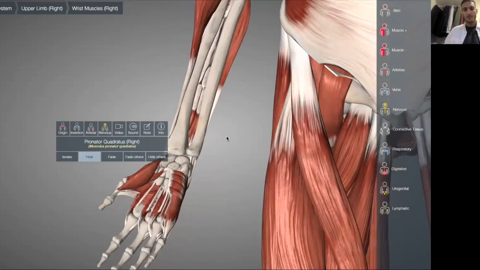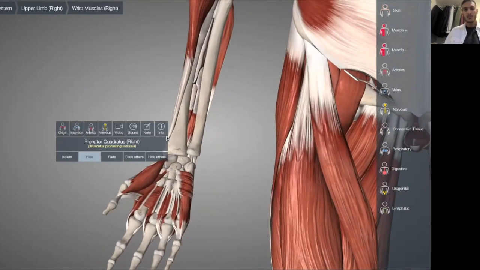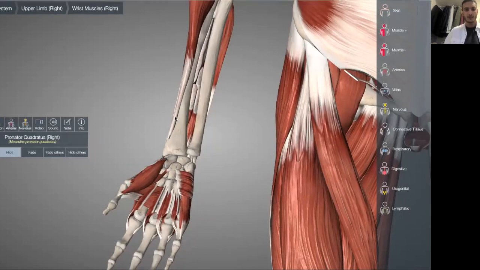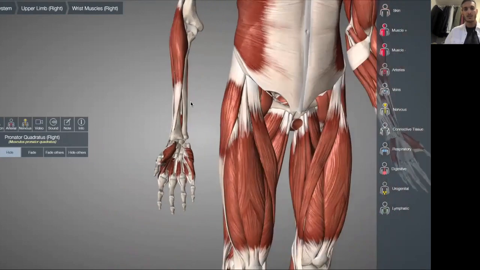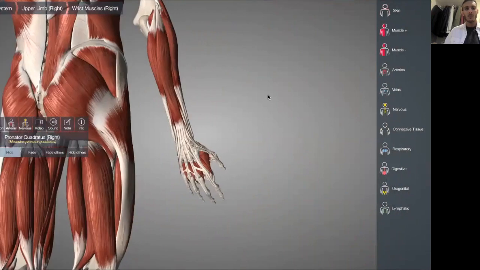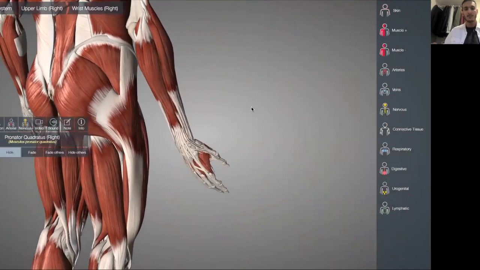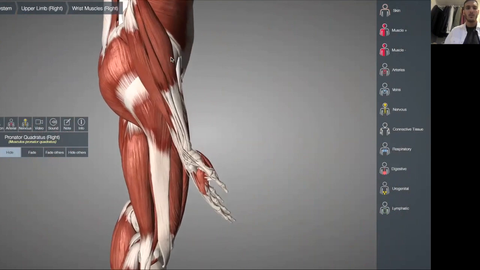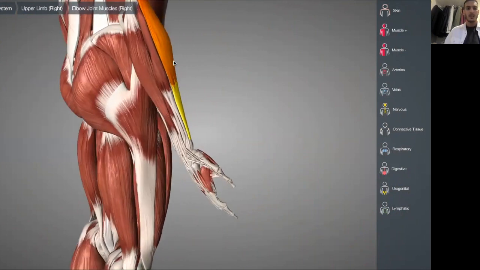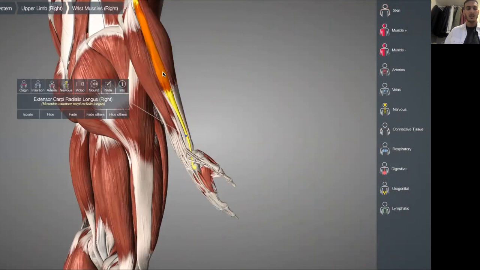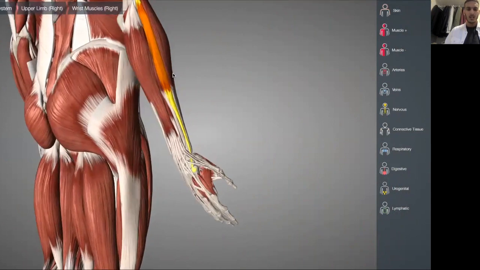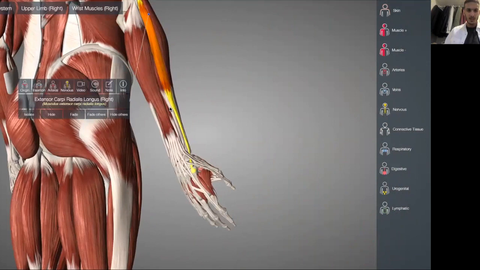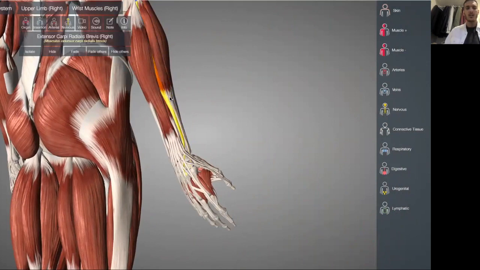All right, that's the flexor layer, the flexor muscles. Now, extensor muscles are found in the posterior compartment of the forearm, and it starts with the brachioradialis. Then comes the extensor carpi radialis longus, and just below that the extensor carpi radialis brevis, longus and brevis.